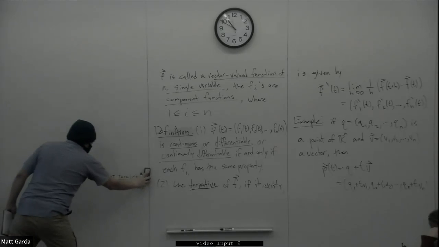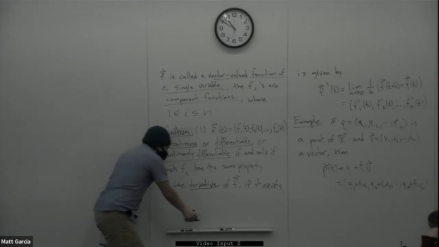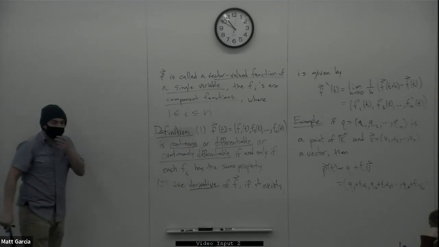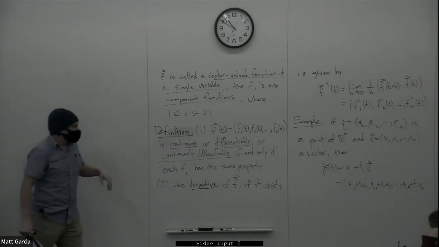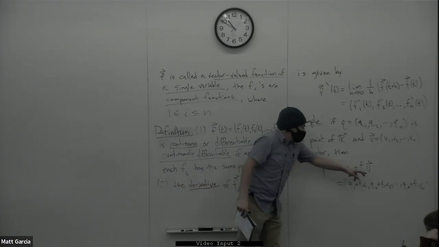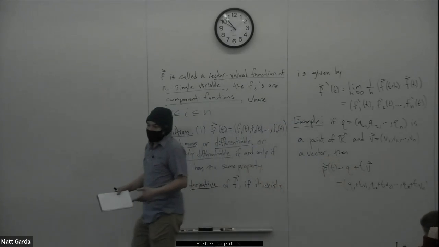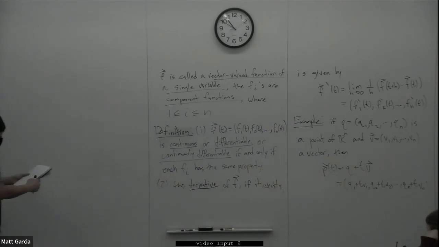This mimics exactly the formula that we wrote down for lines in R2 and R3. Now we just have a point in n-dimensional space and an n-dimensional vector instead of a 2 or 3-dimensional vector.